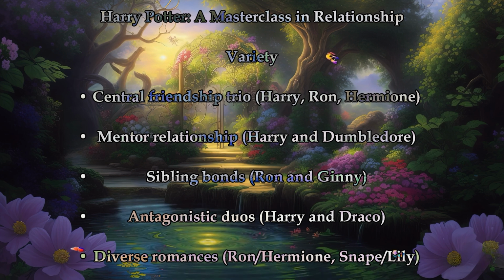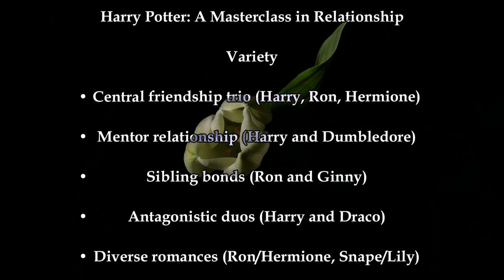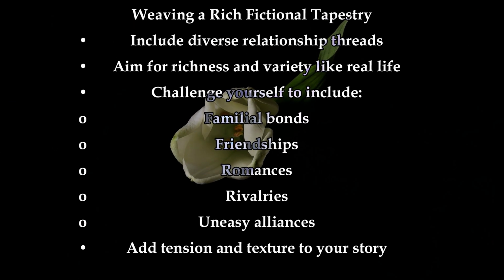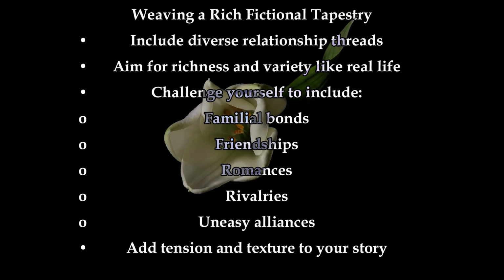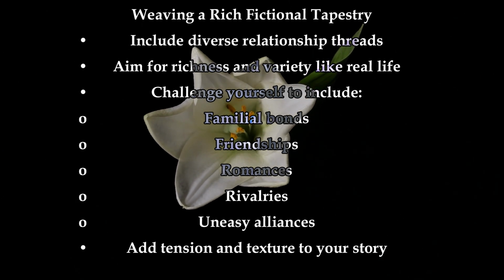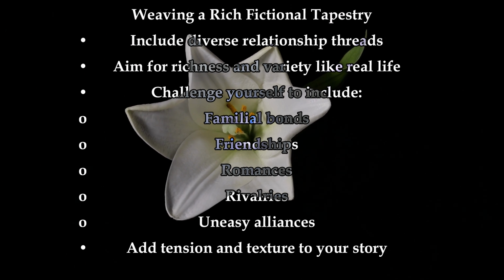And of course, there are romances of all flavors, from the slow burn, will they, won't they of Ron and Hermione, to the tragic first love of Snape and Lily. By weaving together all those different threads, Rowling creates a fictional tapestry that feels just as rich and varied as the relationships in our own lives.